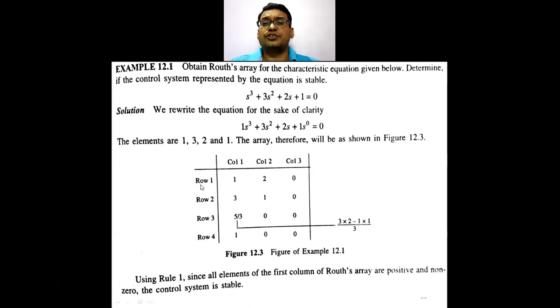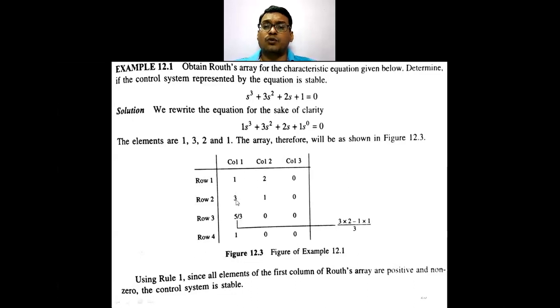Then the first row incorporates the coefficients of all odd terms, so 1 and 2 go in row 1. Then the second row incorporates the even coefficients, that is 3 and 1. Then calculation of B1 is 3 into 2 minus 1 into 1 divided by 3.